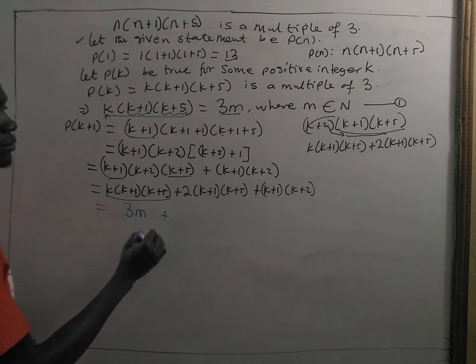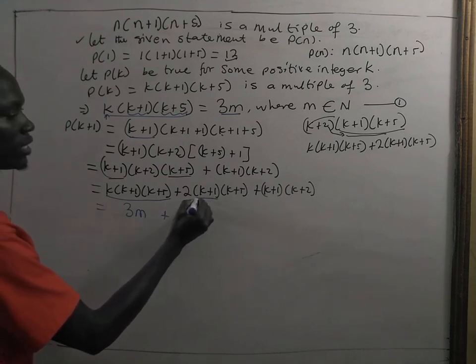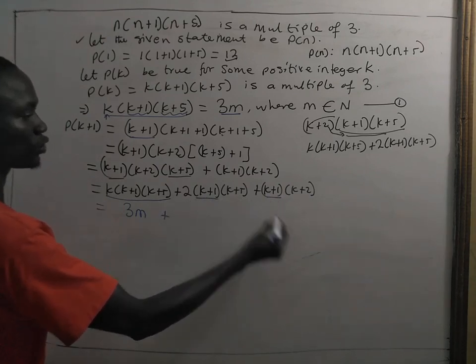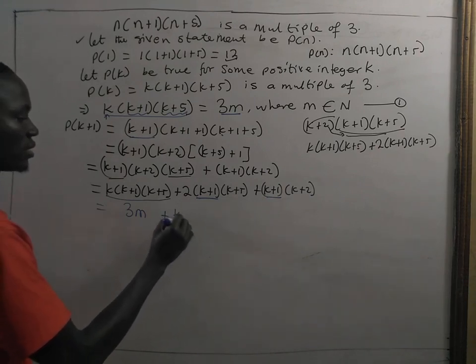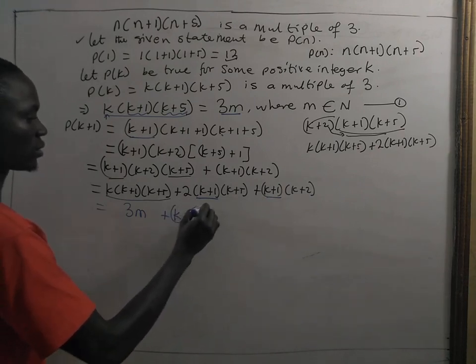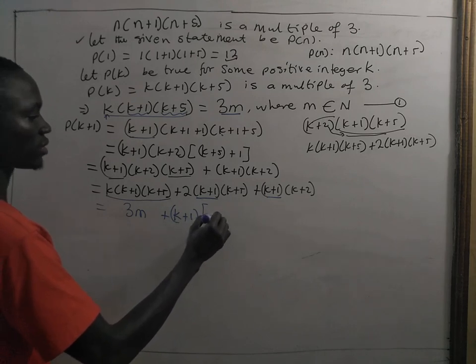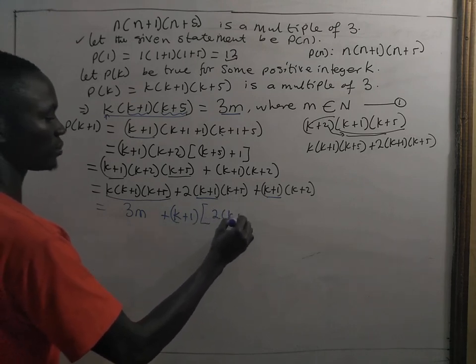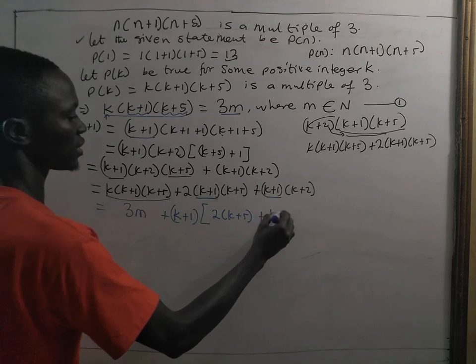Plus we have k plus 1 here, we have k plus 1, so you can factorize it out to get k plus 1 times 2 times k plus 5 plus k plus 2.